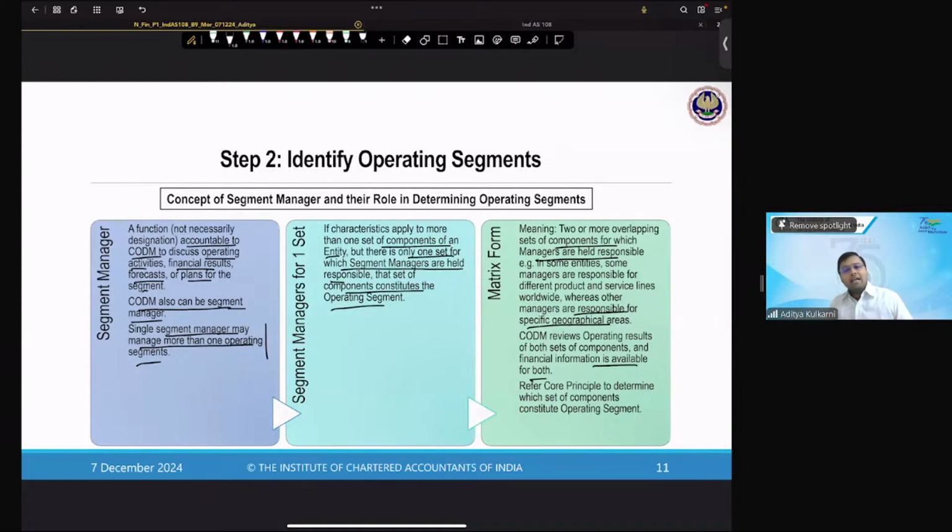Okay. Overlap matlab kya? I also look at geographical segments. I also look at the business segments. Okay. Like, for example, I could be having, okay, this is an example.